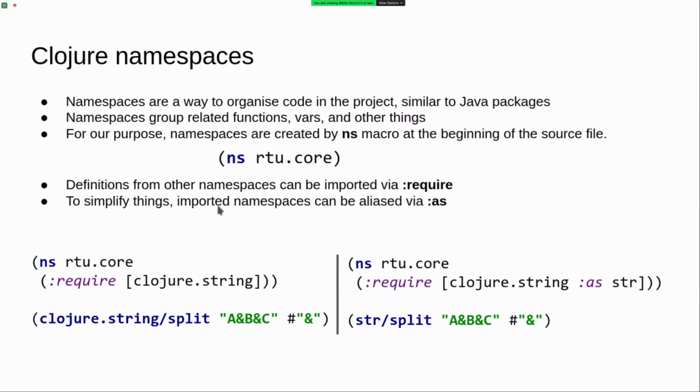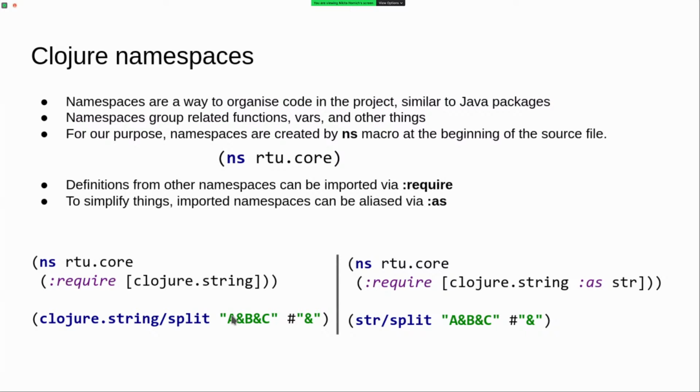So in these two examples, you can see that we would like to import in our imaginary program the clojure.string namespace. And here we can do it using the keyword require and the vector of desired namespaces. And after that, we would have to use the fully qualified name of the desired function. In this case, clojure.string/split. First, we use the namespace, then the name of the function.